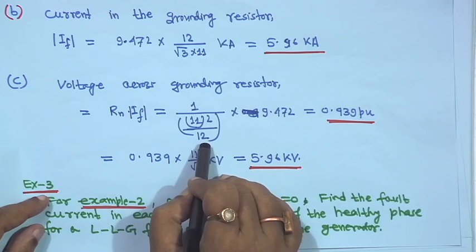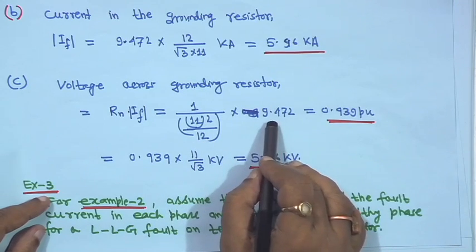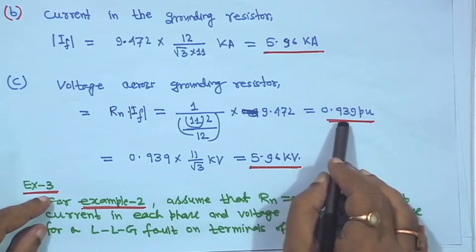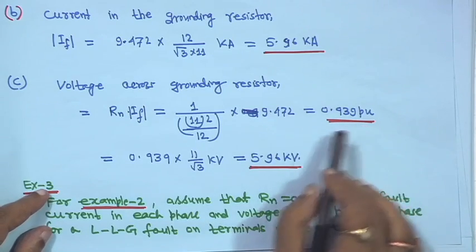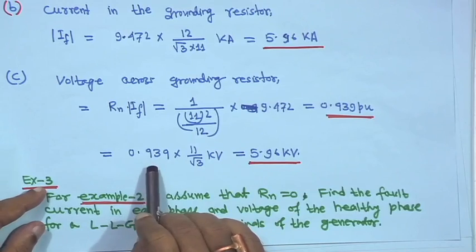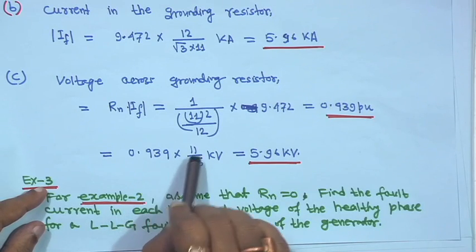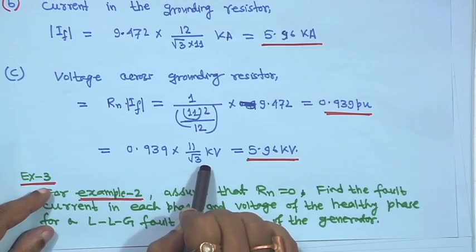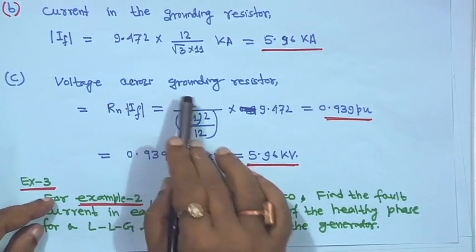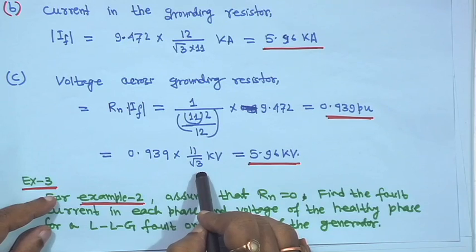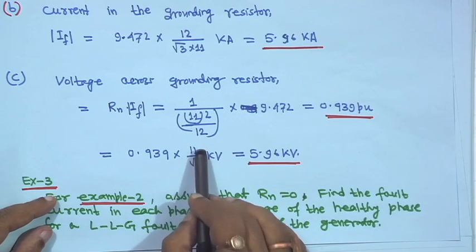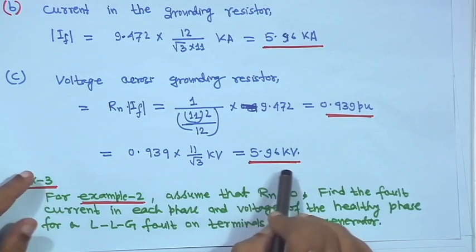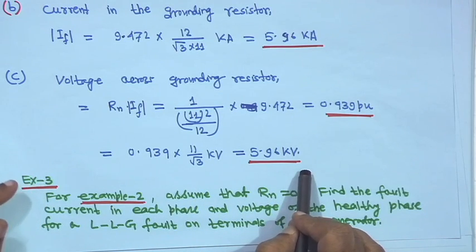This per unit value multiplied by 9.472, the per unit current, becomes 0.939 per unit. Therefore, the voltage is 0.939 into 11 by root 3 kV, because we want the voltage across the grounding resistor, so it will be the phase voltage. 11 kV is line to line, so 11 by root 3 kV, that is 5.96 kV. This is the answer.